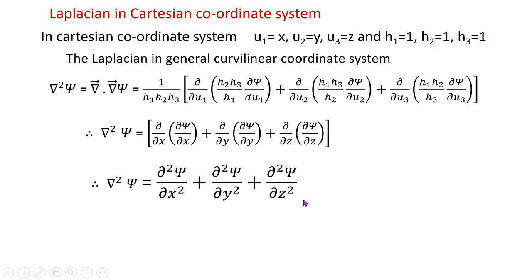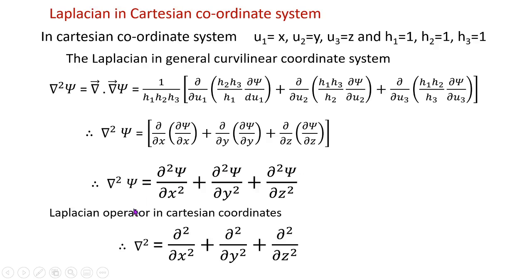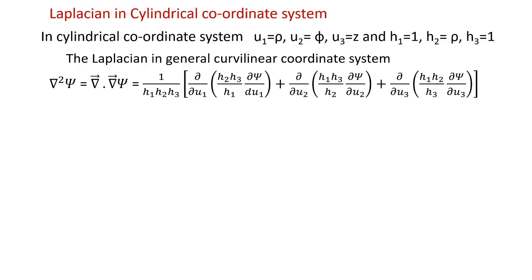If we remove psi from this expression, then we get the Laplacian operator in the Cartesian coordinate system. That is, del square is equal to del square by del x square plus del square by del y square plus del square by del z square.